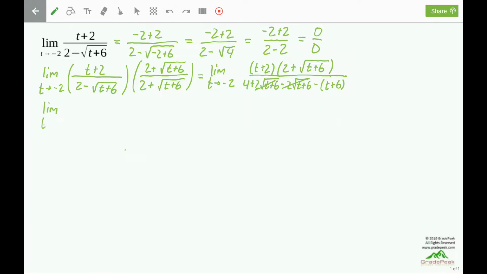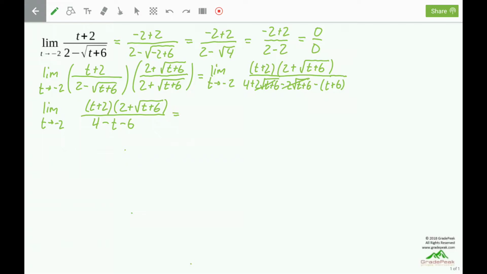The numerator we're going to leave the way it is. So we have limit as t goes to -2 of t plus 2 times 2 plus the square root of t plus 6, all over 4. Distributing the minus sign, we will have a -t and a -6.